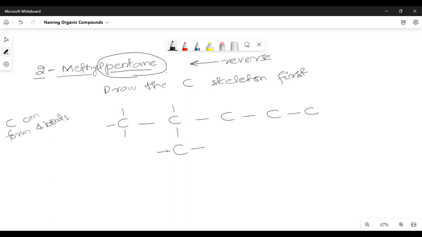This carbon, 1, 2, 3, 4. This carbon, 1, 2, 3, 4. Make sense? Yeah. And then start writing the hydrogens. Start writing all the hydrogens that you require. Okay, so this would be something like this.